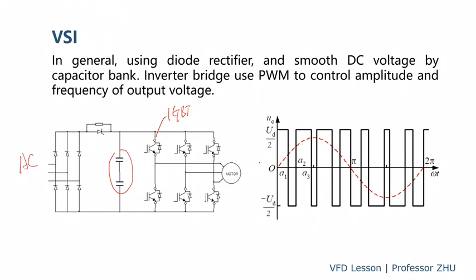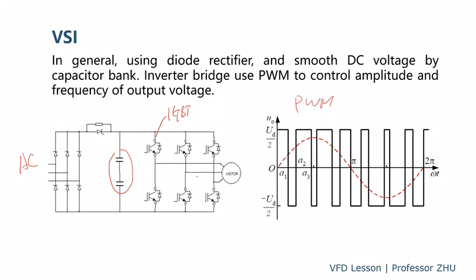And on the inverter side, we use PWM technology. So normally we use a reference and a carrier wave to do the modulation. Then you get the pulse. So by changing the duty cycle of the pulse, we can change the frequency and the amplitude of the output voltage at the same time.